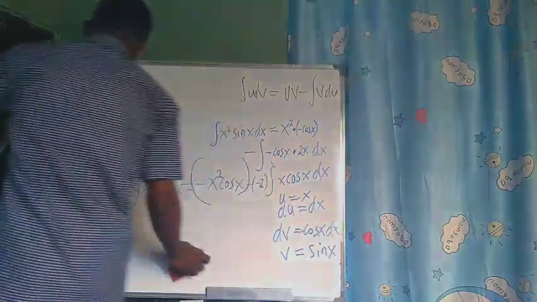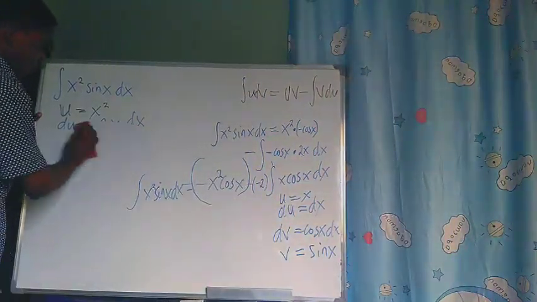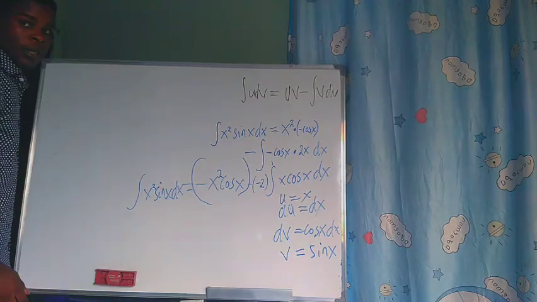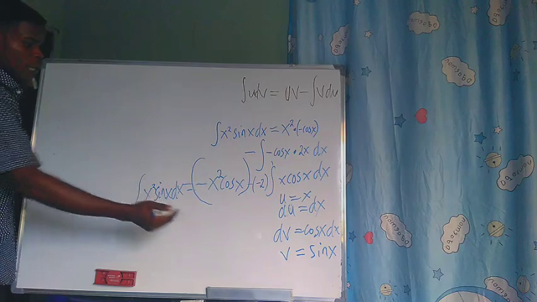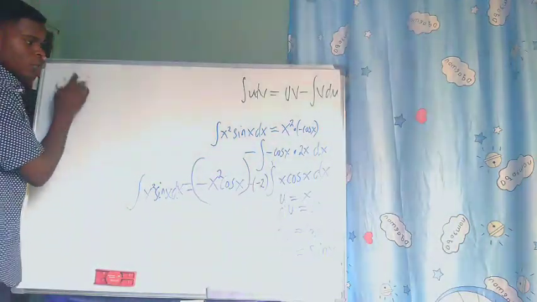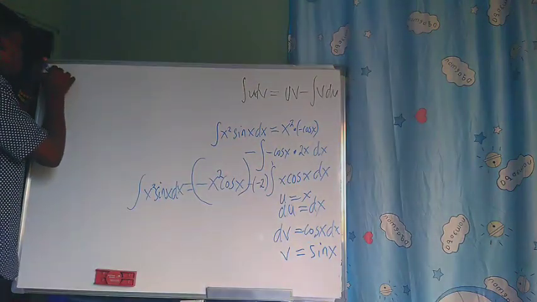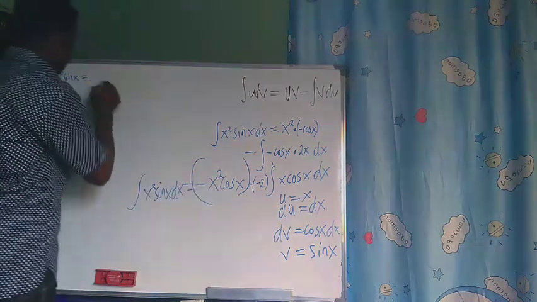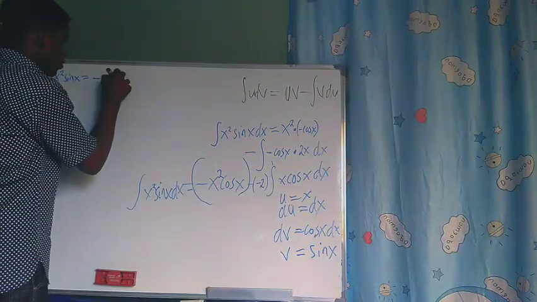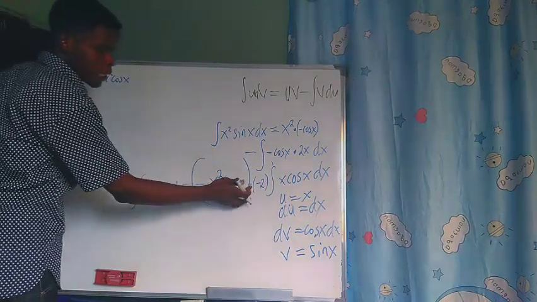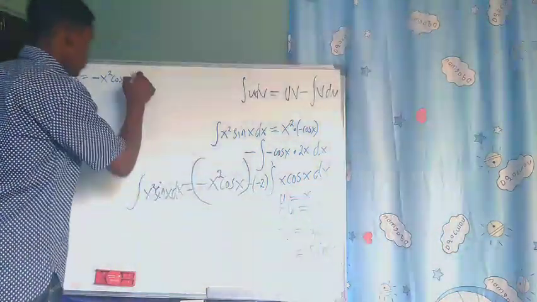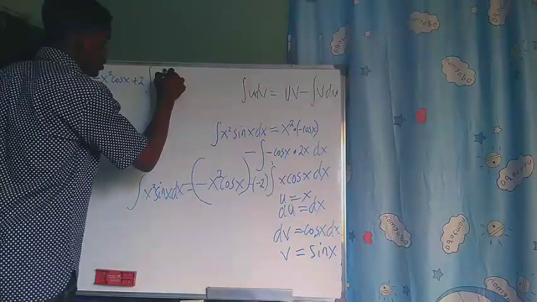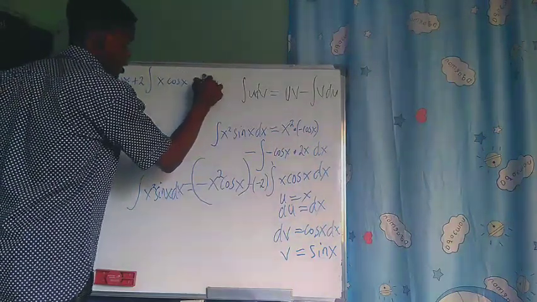Okay, let's just bring this in here. So just watch. We're going to have the integral of x squared sine x, which is negative x squared cosine x. Now, negative times negative 2 is just positive 2, plus 2 times the integral of x cosine x dx.